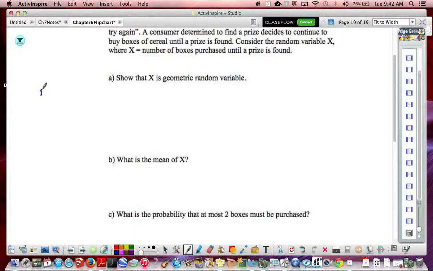So we're going to run through our conditions. Is it binary? Yes. Either you get the prize or you don't.